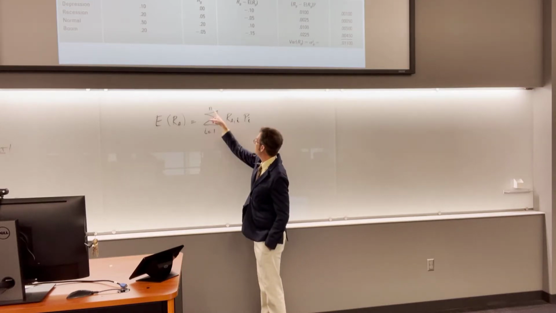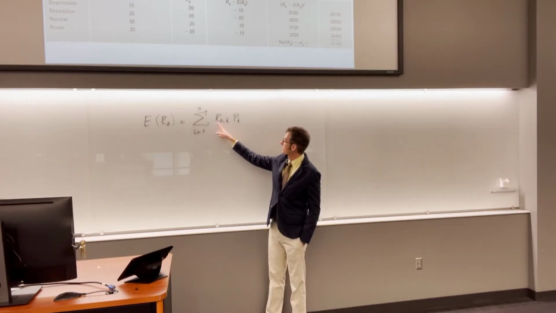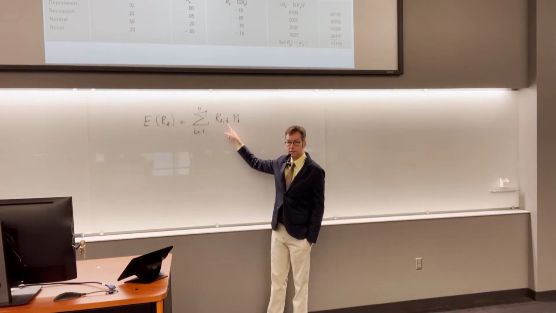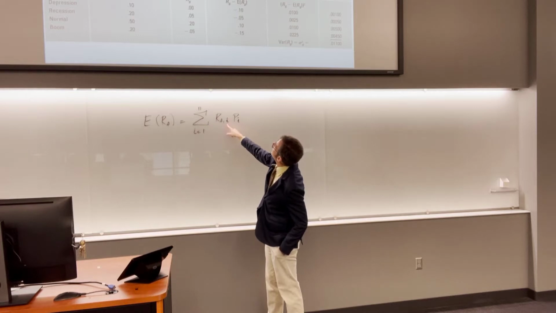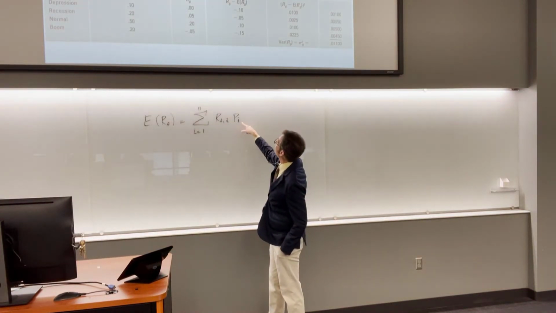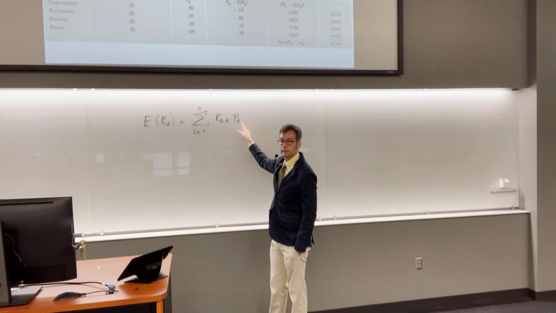So it's going to be from 1 to 4 in this situation. And then this is the return on stock A given the state of the economy. And so for the first one, it would be negative 0.3. And then we're going to multiply that by the probability of that state of the economy. What's the probability of depression?